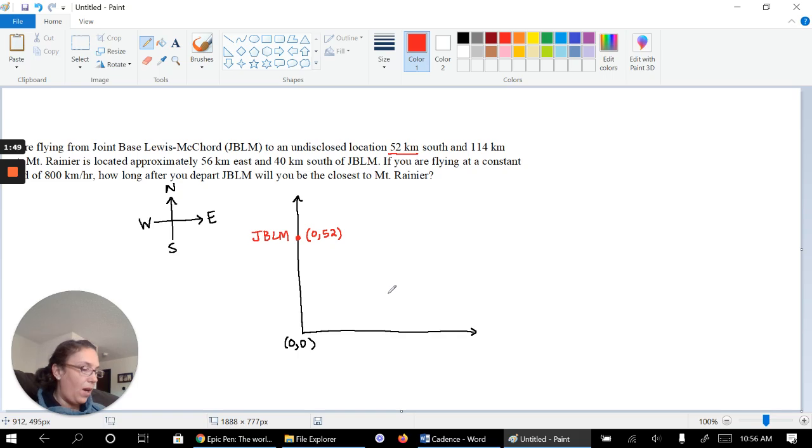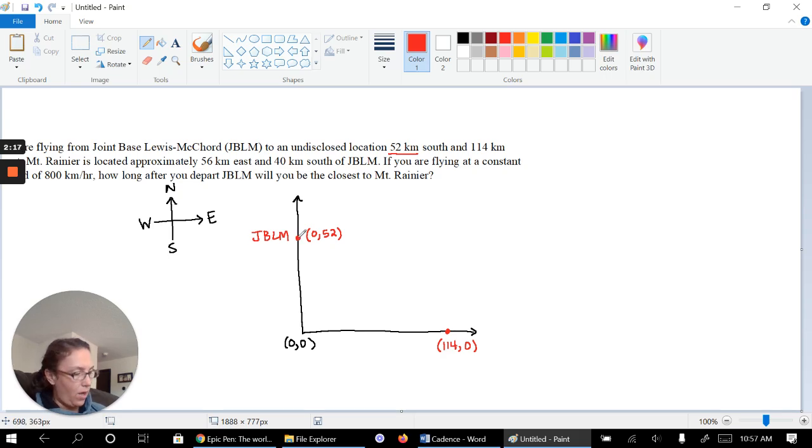So the place where I'm flying to is 52 kilometers south of that, but also 114 kilometers east. So then I have to mark another point over here that would be at the point 114, 0, right? That way, if I traveled south 52 and east 114, I would land at my destination.